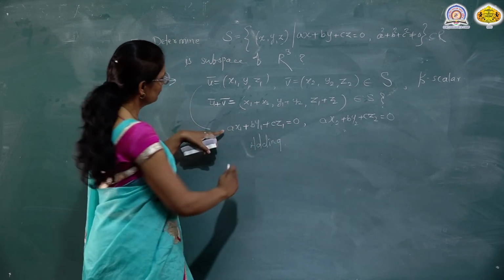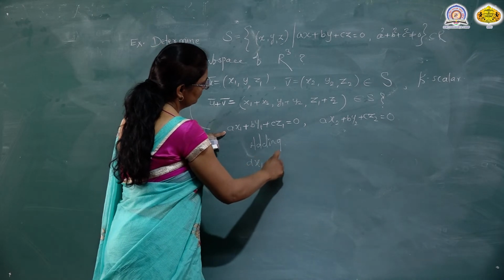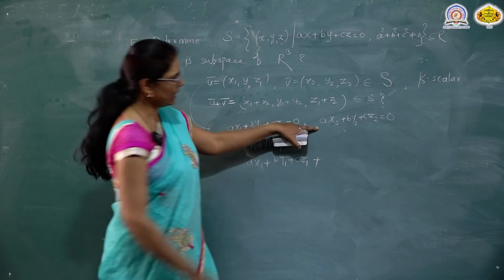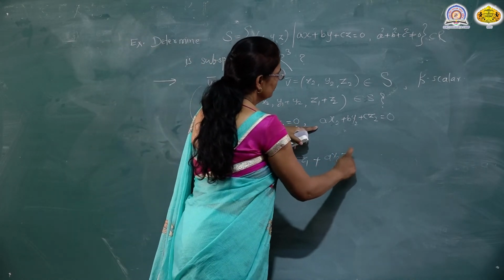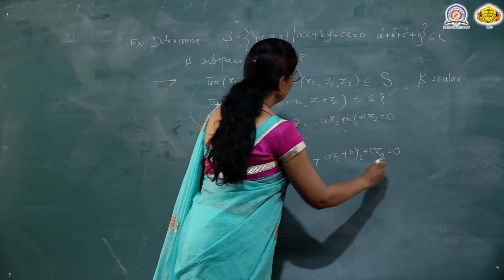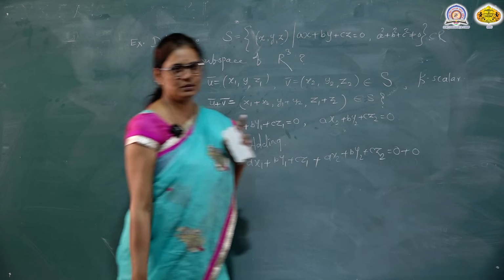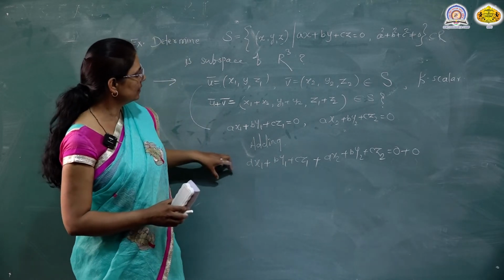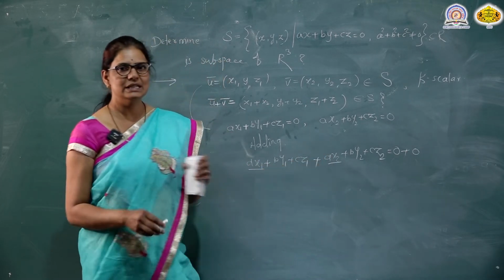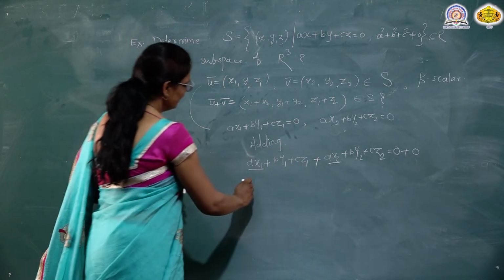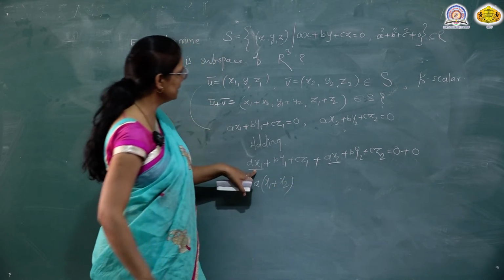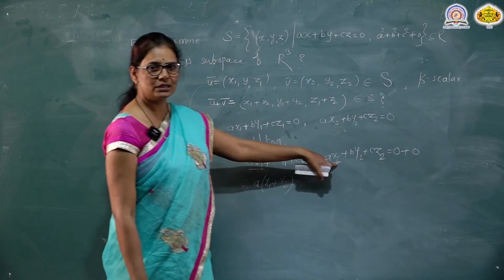So we get ax1 plus by1 plus cz1 plus ax2 plus by2 plus cz2 equals 0 plus 0. Now we combine similar terms, the terms of a's, b's and c's. This can be written as a times x1 plus x2, combining the first and the fourth term.